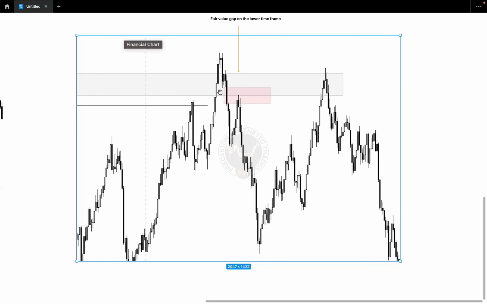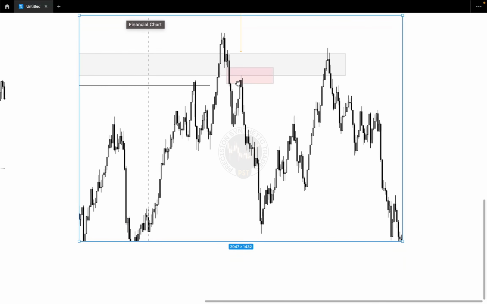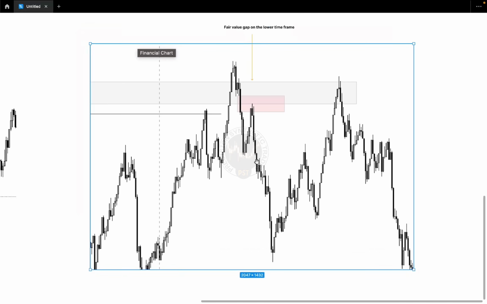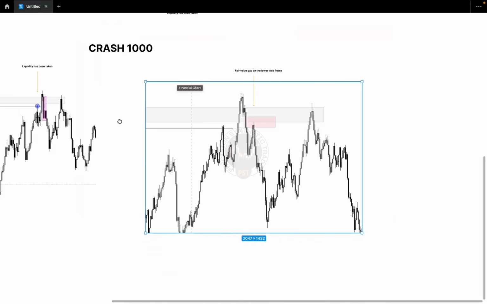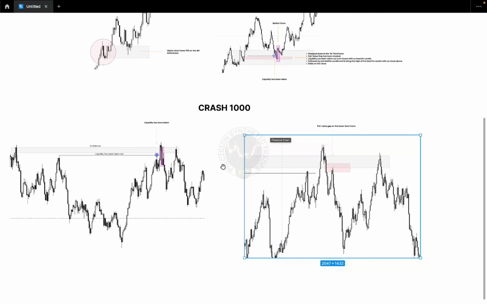So the market structure shift you will see on the lower time frame that's created there. You won't see it on this one. On the lower time frame, you will see there was a market structure shift, went up into our 1 hour fair value gap, could enter your trade, and you had a beautiful push down. So this is a strategy that I've been testing out for a little while now.